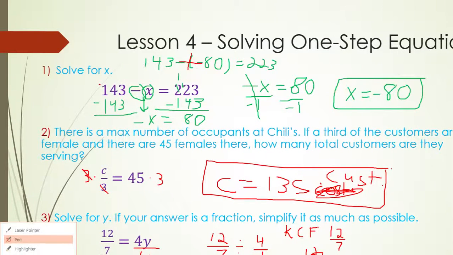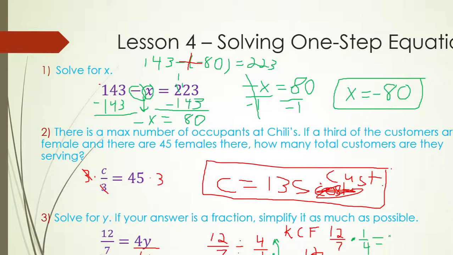Then we're going to change the division to a multiplication. And then finally, we're going to flip this one, meaning we're going to find the reciprocal. So the reciprocal of 4 over 1 is 1 over 4. So now we can multiply across and solve.